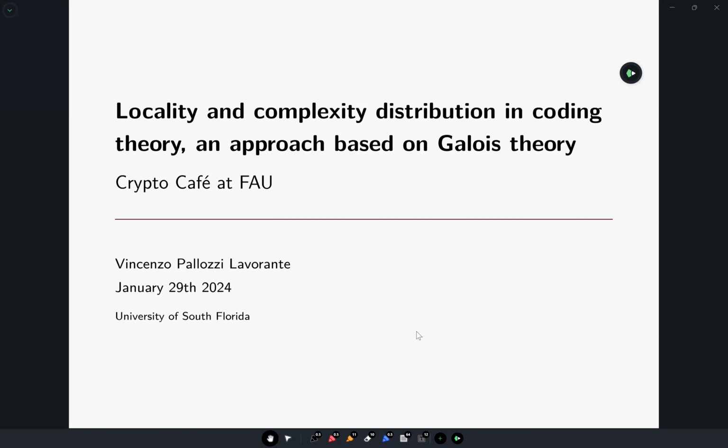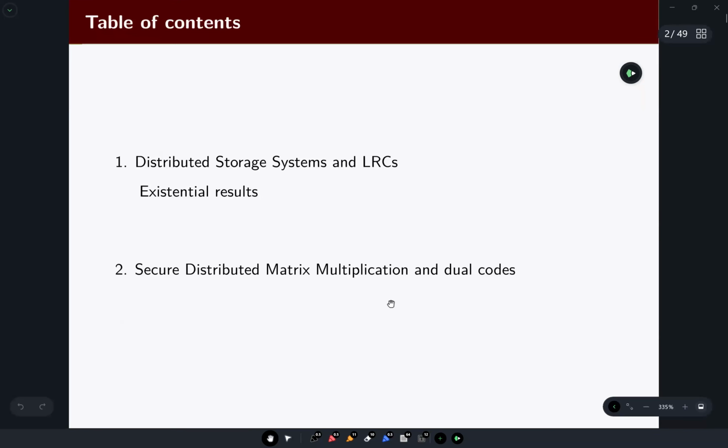Now, what I'm going to speak about today is locally recoverable codes and their application to distributed storage systems, and also secure distributed matrix multiplication. This is the main topic that we are going to discuss today.